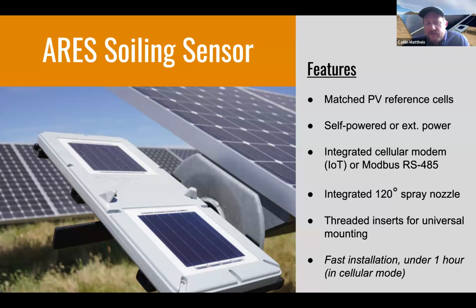A couple of features of this device: we do use matched PV cells. What that means is we light soak everything in our facility, and we test everything under a solar simulator. Any two cells that go into a single device are matched with the same electrical characteristics as each other.